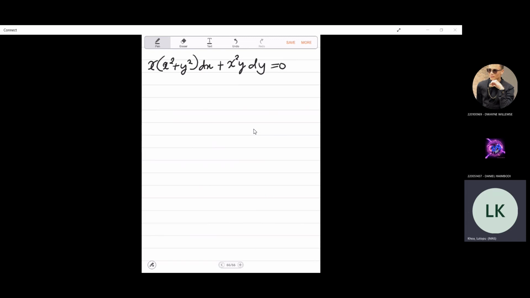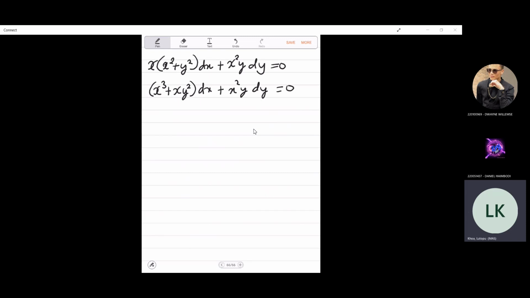So this is x to the power of 3 plus x y squared dx plus x squared y dy is equal to 0. Okay, then we can check and see, is what we have now exact?